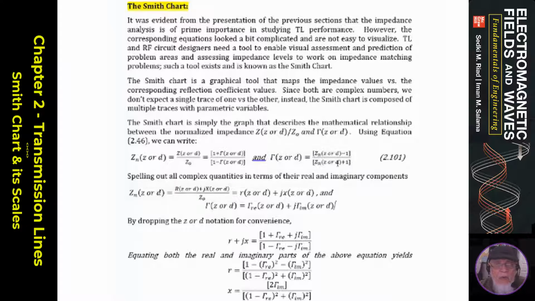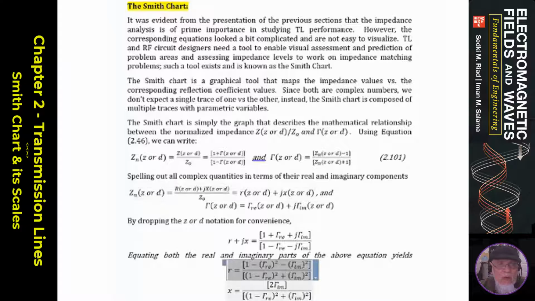Manipulating these equations to separate the real and imaginary parts from each other, so we can end up with real equations, we will conclude these two equations. r is equal to 1 minus gamma real squared minus gamma imaginary squared divided by a denominator here, and the x is equal to that.